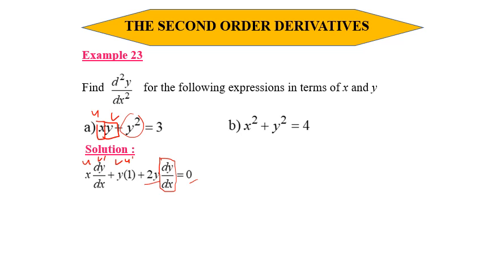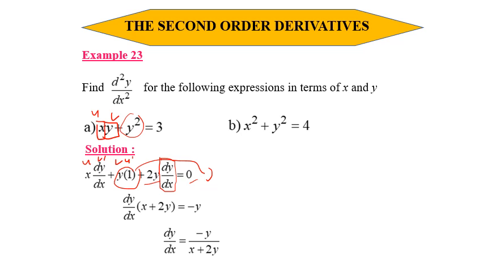The terms that don't have dy/dx, we bring to the right hand side, and the terms having dy/dx we factorize. So we factorize dy/dx to get x plus 2y, and then we bring y over, it will be negative y on the right hand side. Lastly, with dy/dx as the subject, it will be negative y over x plus 2y.